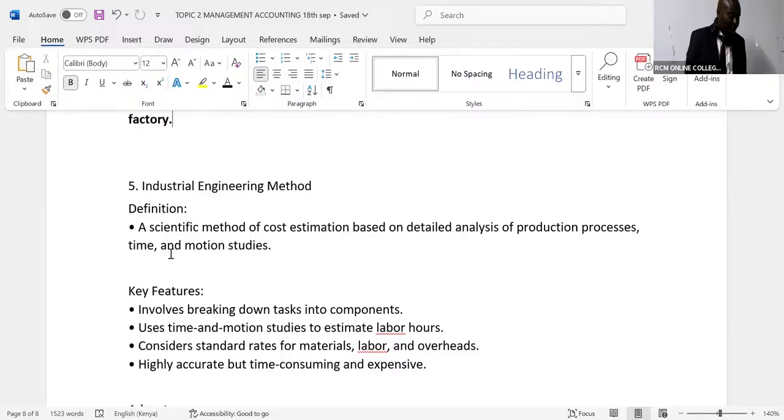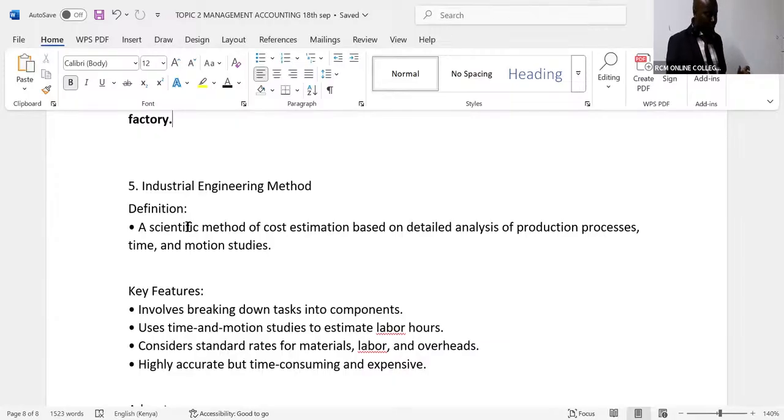So whenever we talk of industrial engineering method, it's a scientific method of cost estimation. That's why you need that expert. It's a scientific method of cost estimation based on detailed analysis of production processes.